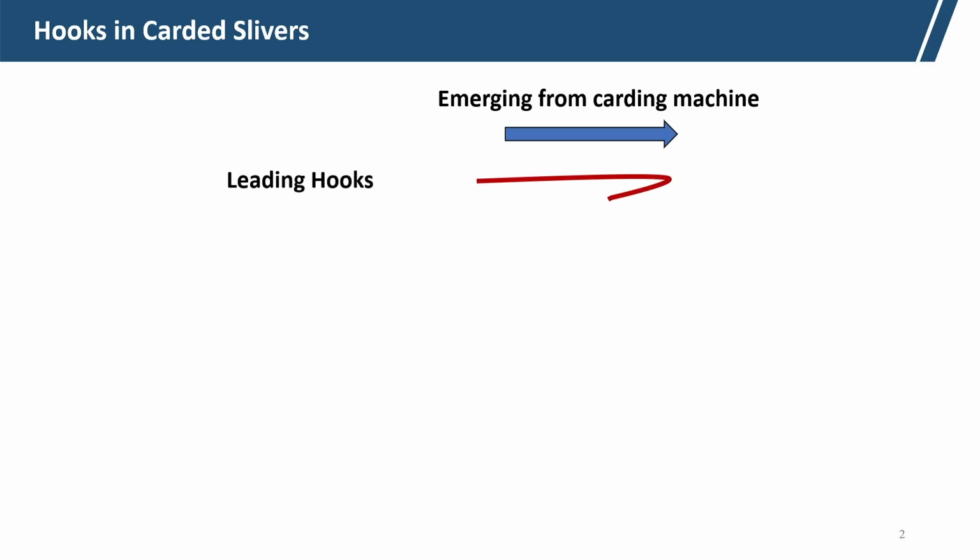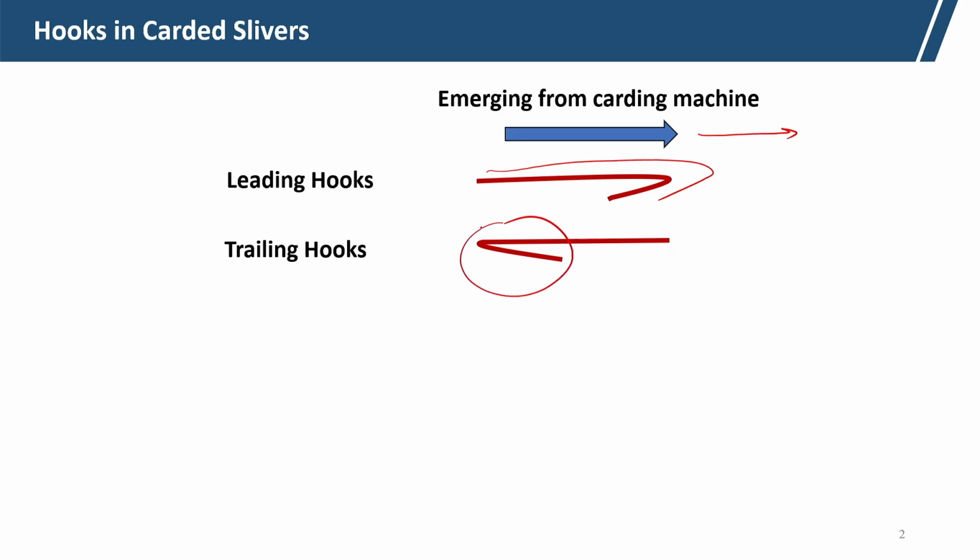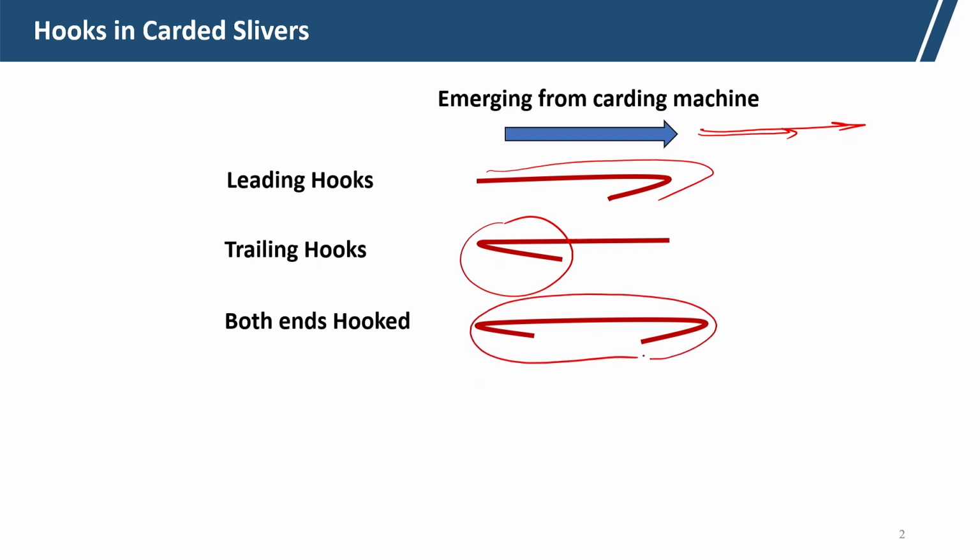This is the direction of the sliver coming out from the carding machine, and based on that we term a hook at the leading end as a leading hook. This is the trailing hook, where the hook formation is at the trailing end. Then there are hooks on both sides, where hooks are present at both ends, and straight fibers without any hook.